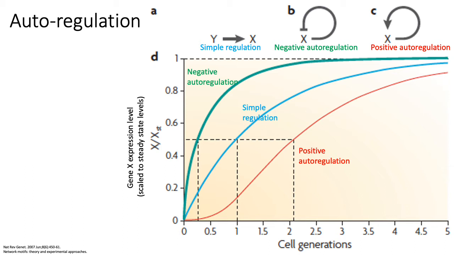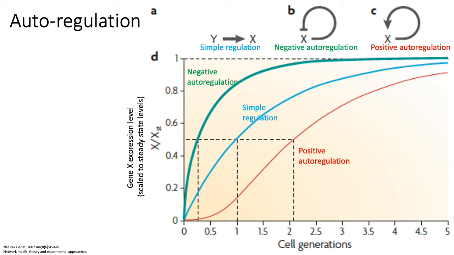And so in this figure here in part D, what the y-axis represents is the expression level of gene X, but it's scaled by the expression rate that it eventually achieves once it has been activated and has reached steady state.